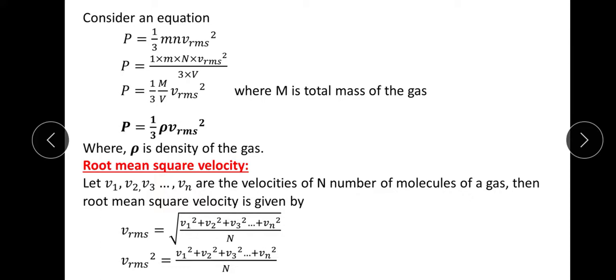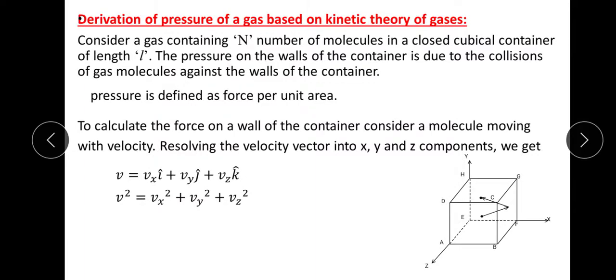What do you mean by an RMS velocity? See, if you consider a container and we fill it with an ideal gas, and we have n number of molecules in it, all the molecules may not have the same velocity because of their collisions. Their velocities may be different.